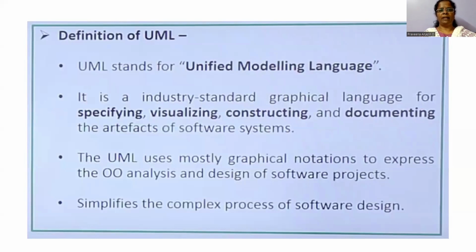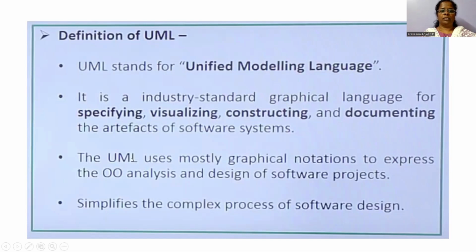So the basic idea behind UML is that instead of explaining a model or a system in terms of words, if you represent it in a graphical manner, the user can easily understand what is exactly happening in the system.